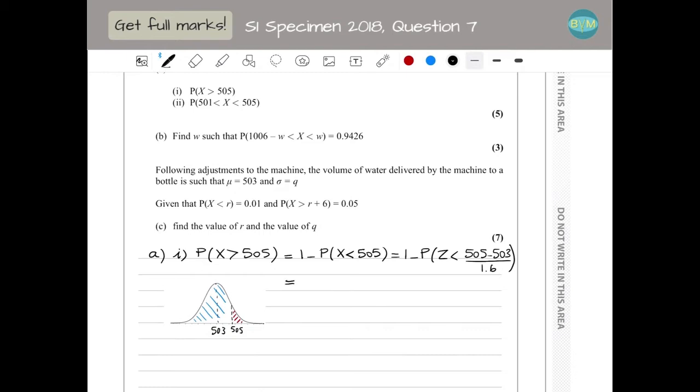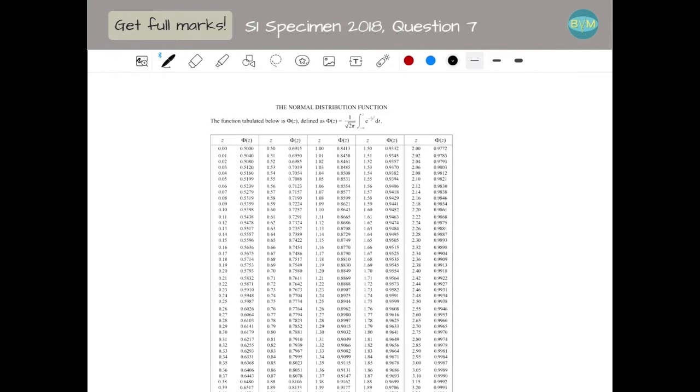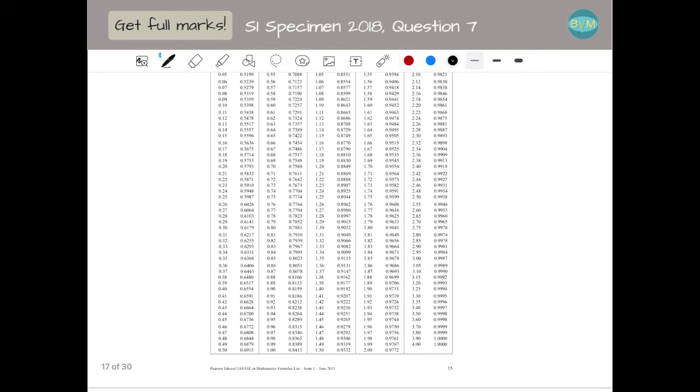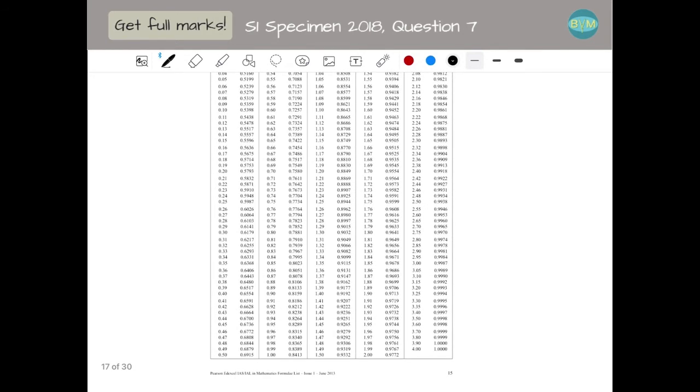So this is 1 minus the probability of Z being smaller than 1.25. Now you can go to the calculator, or you have the tables here, in your formula booklet, the normal distribution function. 1.25 is this value here.